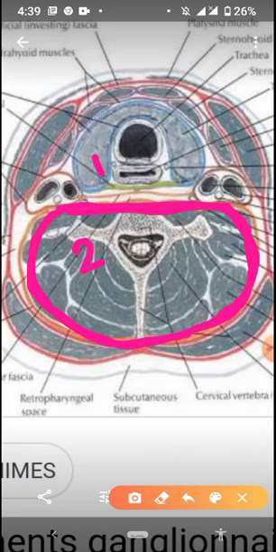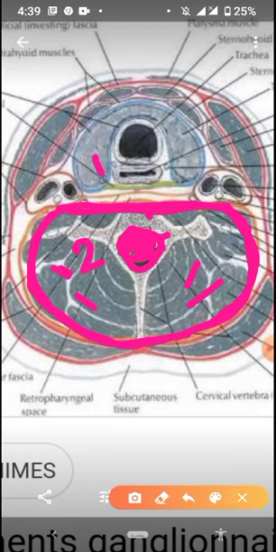Why prevertebral? Because it lies in front of the vertebra, anteriorly, and that's why it's called the prevertebral layer. All the muscles over here are present, and the vertebral column inside it. This is the spinal cord, and this is the vertebral column. All are present inside the prevertebral layer.